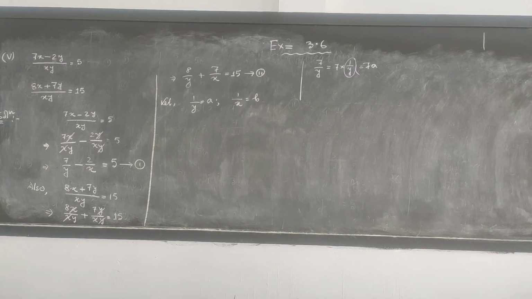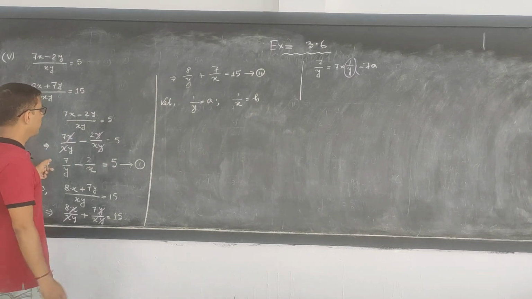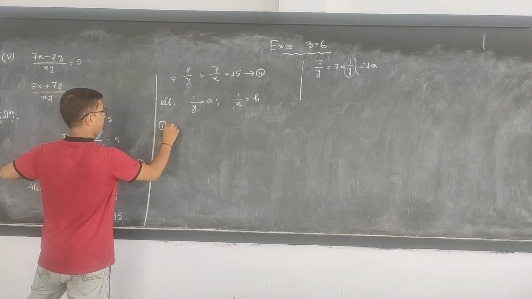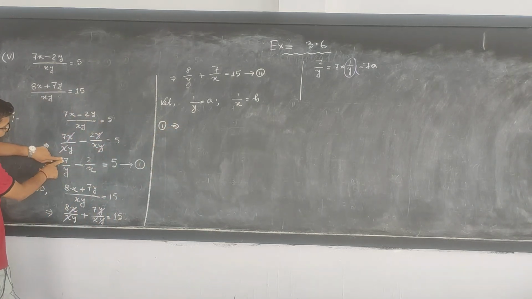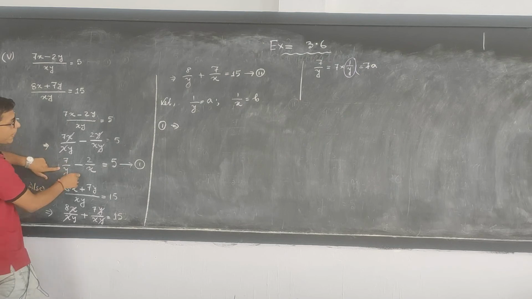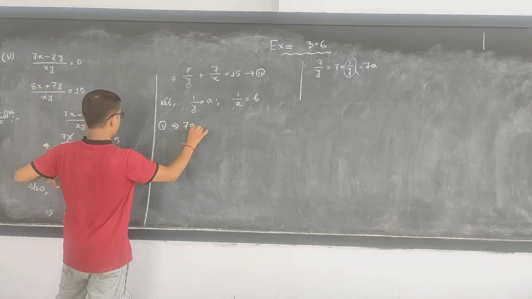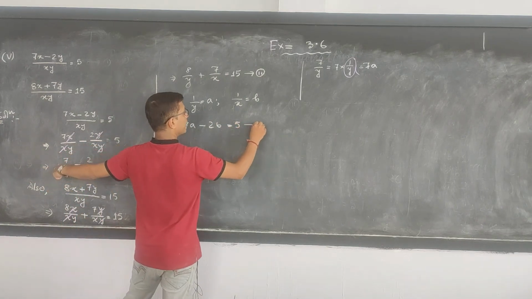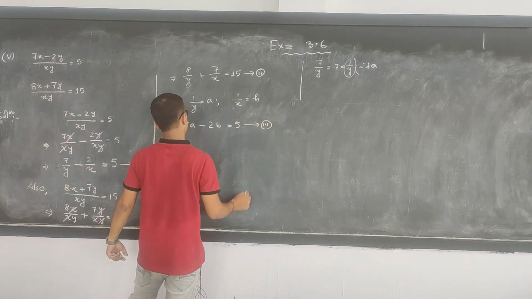Now let's see how these equations look after substituting their original values. That means 1 by y equals to a. Equation 1, 7 by y, will become 7a minus 2b is equals to 5. A new equation we have obtained, this is equation number 3.